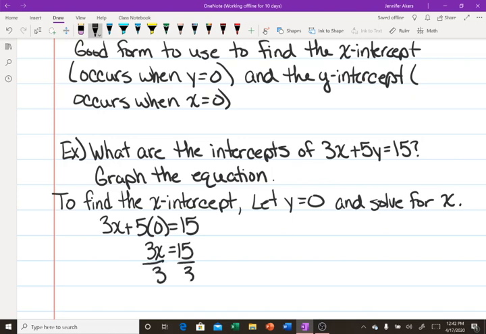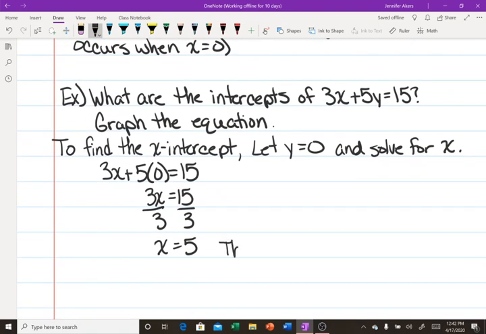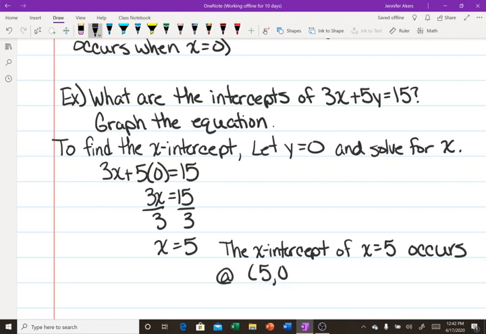Divide by 3. X is equal to 5. So that means the x-intercept of x equals 5 occurs at (5, 0).